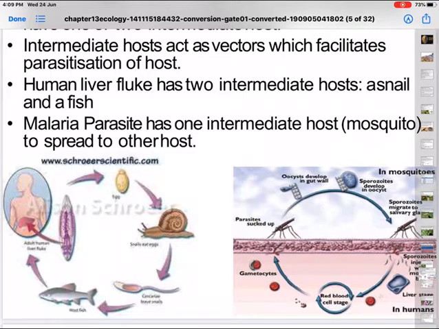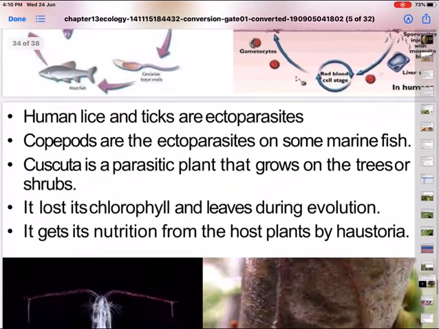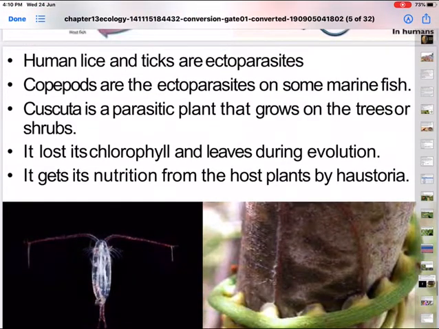So red blood cells will be broken, and the parasites get that, and sporozoites will be staying in the saliva of the mosquito. Whenever the mosquito bites another person, the spores are released and the person gets malarial fever. Hence, you must be careful. That's the reason why we say the mosquitoes and vectors must not be in the place, otherwise they spread.